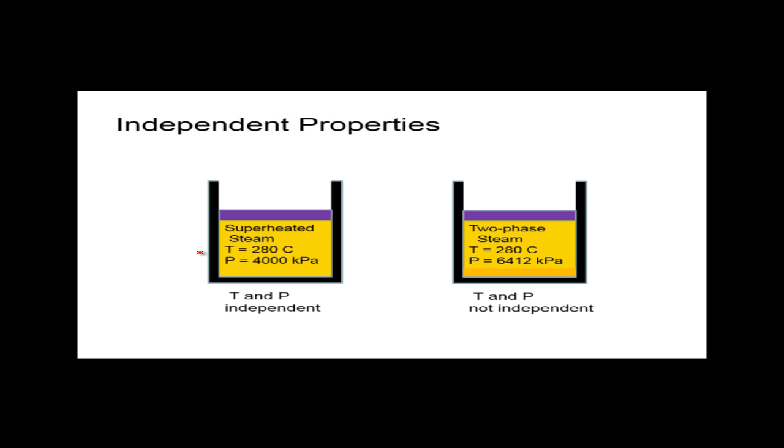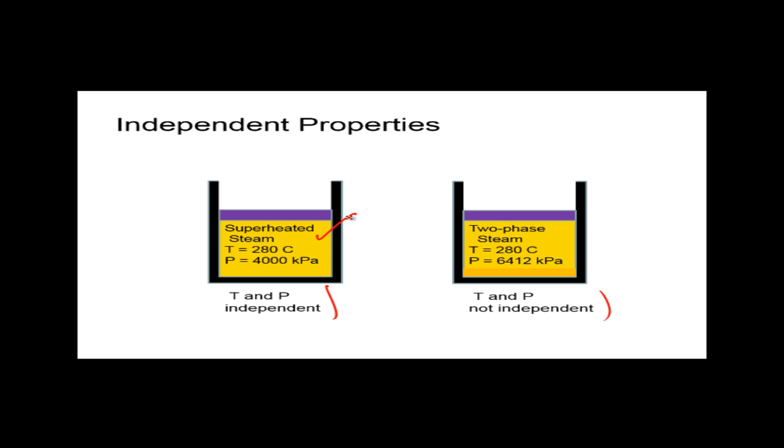Independent properties. Well, sometimes temperature and pressure are independent. Sometimes temperature and pressure are not independent. Did we already agree that temperature and pressure are intensive properties? They are. So we would like them to be independent. Then I can get other properties. But often, or sometimes, they're not independent.